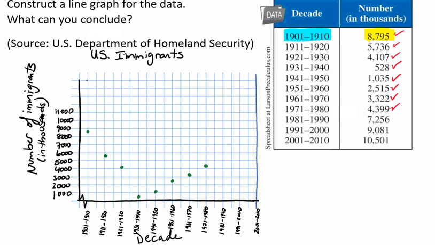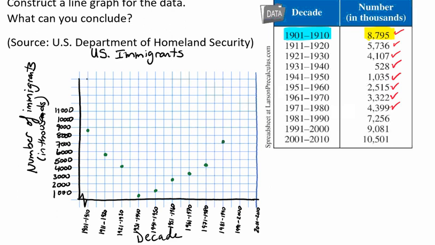Then from 1981 to 1990, there was 7,256. So we'll put that just above 7,000. Okay, there we go. And we'll go ahead and mark that one off. Then from 1991 to 2000, there was 9,081. So just over 9,000.